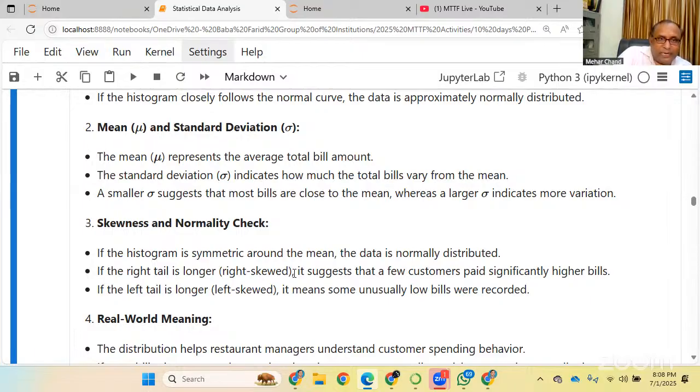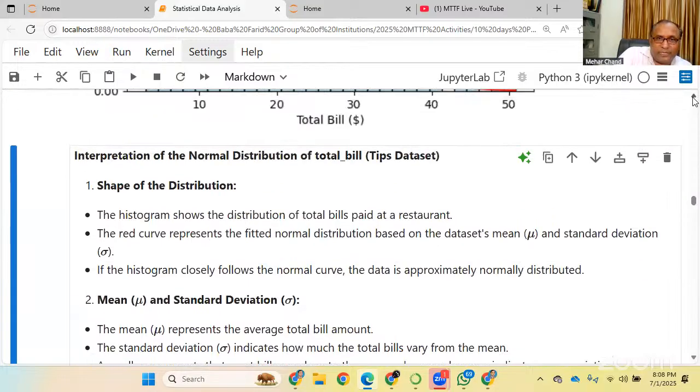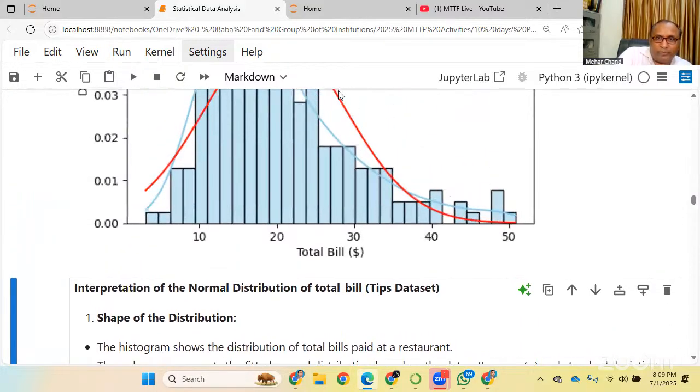Okay, and if the left tail is longer, it means some unusually low bills were recorded. So here, when we observe our curve, this is right skewed, you can see the right tail is longer.